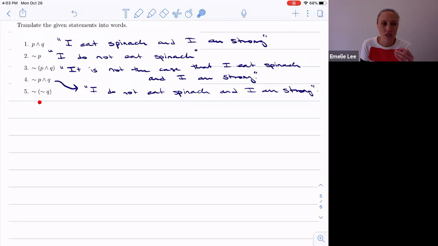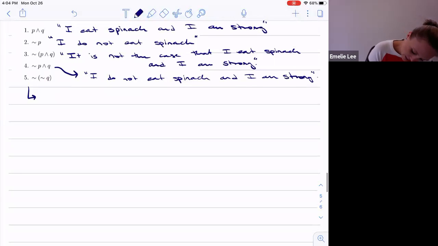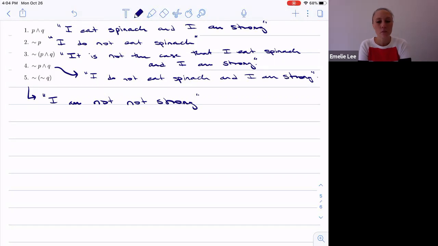We already established in our notes that the double negative of Q, so not not Q, you can replace it with just Q. Often we have other words in our vocabulary that we can use, like we'll see here, right? But technically correct, if you just want to leave it nice and safe here, then 5 is I am not strong. Okay.